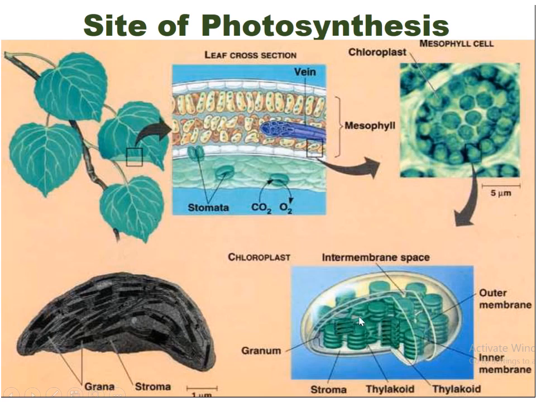And these are the stomata of the leaves. The stomata on the underside of the leaf allow gas exchange, the entry of carbon dioxide and the release of oxygen. For this reason green leaves are recognized as photosynthetic organs of plants.